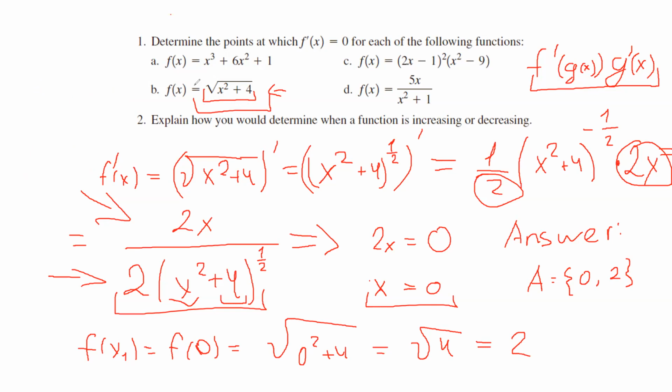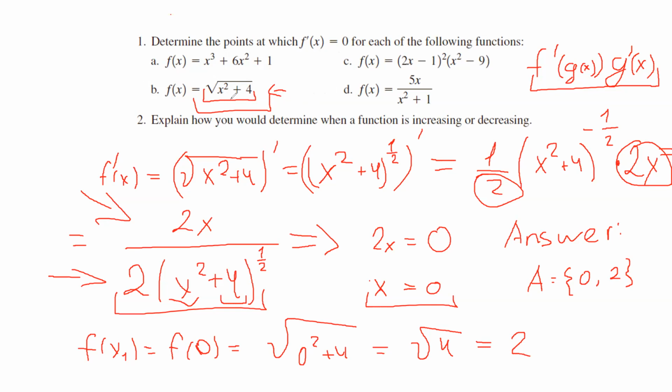A function is such a set of numbers where for each x there exists one and only one y, right? So the square root of 4 is in fact 2.